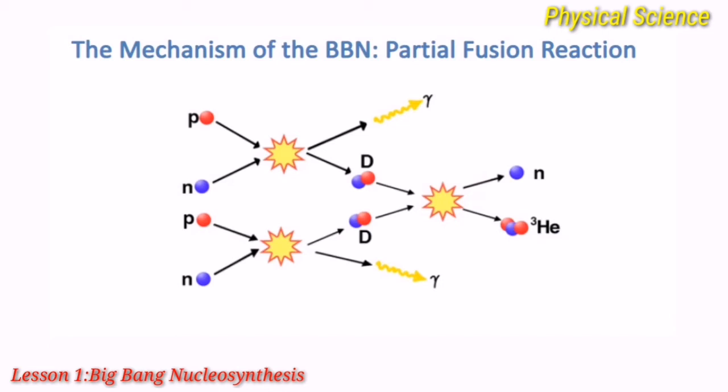Furthermore, it shows two deuterium fusing to produce one nucleus of helium-3, with two protons and one neutron, and one free neutron.